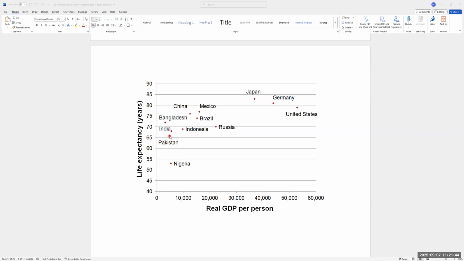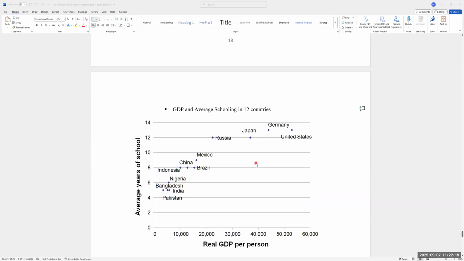Pakistan, you live longer, but its GDP per person is lower, and it's still lower than these. This bubble mass is associated with lower real GDP per person, and the life expectancy in this area is lower than the life expectancy of these three countries.